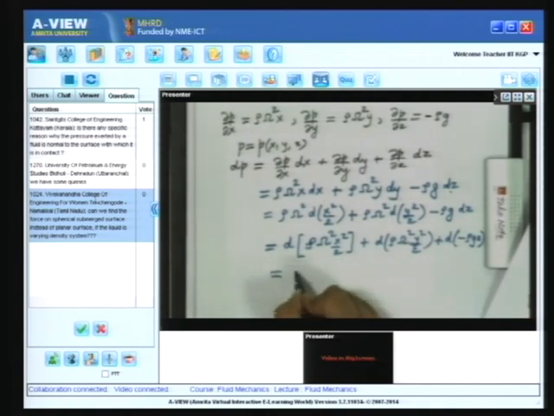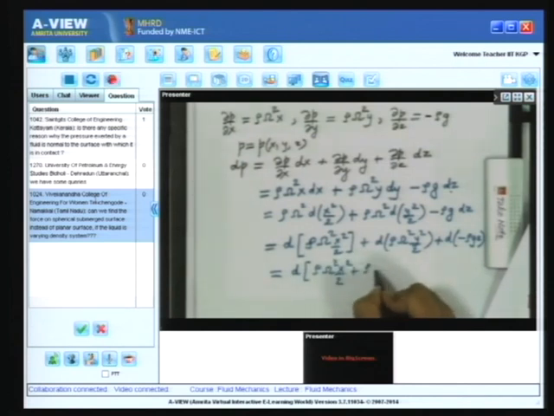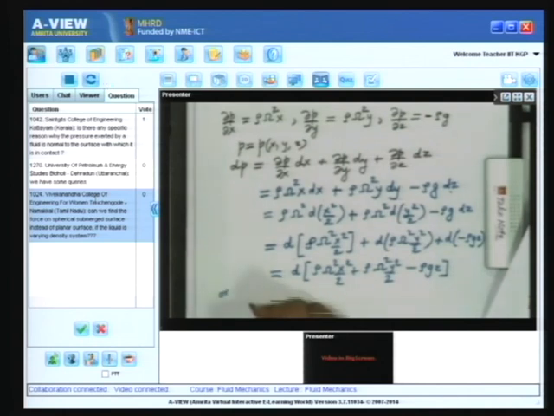So, this I can combine as d of rho omega squared x squared by 2 plus rho omega squared y squared by 2 minus rho g z, or in other words d of p plus rho g z minus rho omega squared by 2 (x squared plus y squared) is equal to 0, which means that the quantity in parenthesis here is a constant.